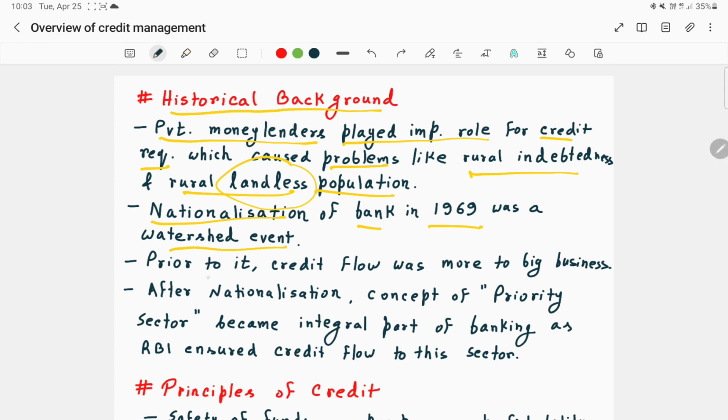Also, before the nationalization, credit flow was mostly to big businesses. But after nationalization, what happened? The concept of priority sector became an integral part of banking, and as a result, RBI ensured that credit flows to this sector.